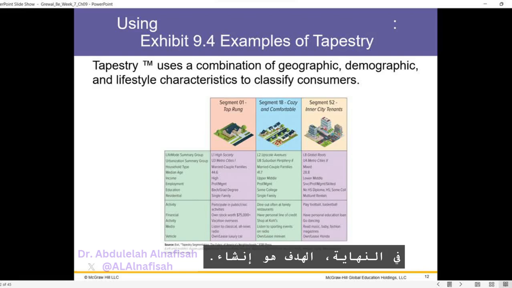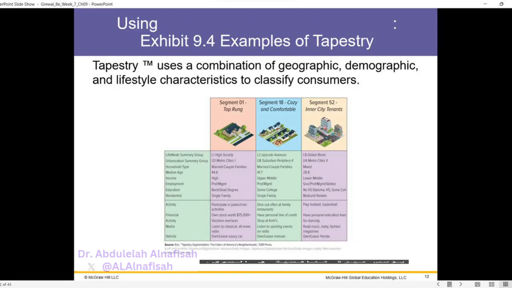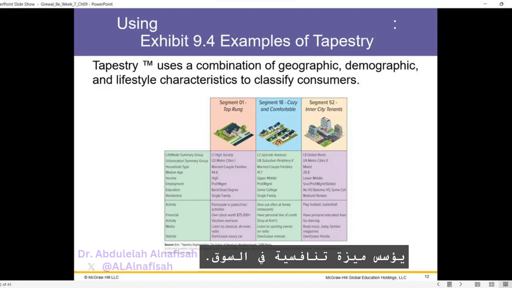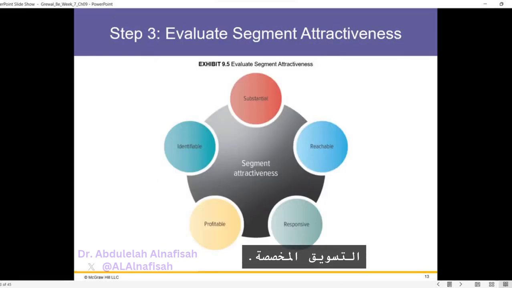Ultimately, the goal is to create a marketing mix that effectively communicates the value proposition, meets customer needs, and establishes a competitive advantage in the market. Employing a combination of segmentation methods helps companies achieve this goal by providing a deeper understanding of the target market and facilitating the development of tailored marketing strategies.